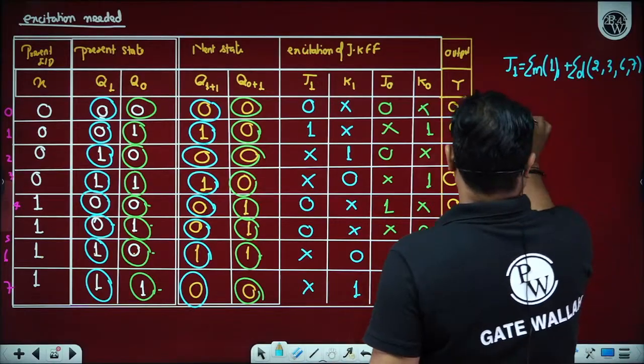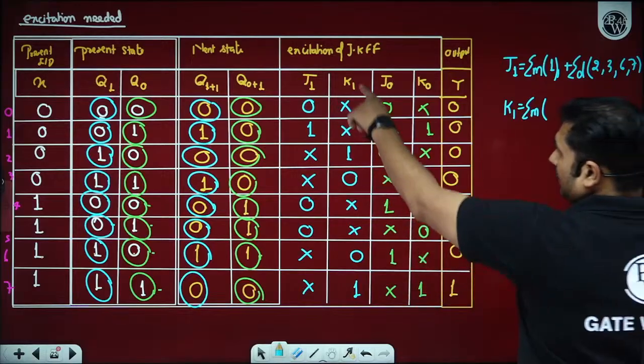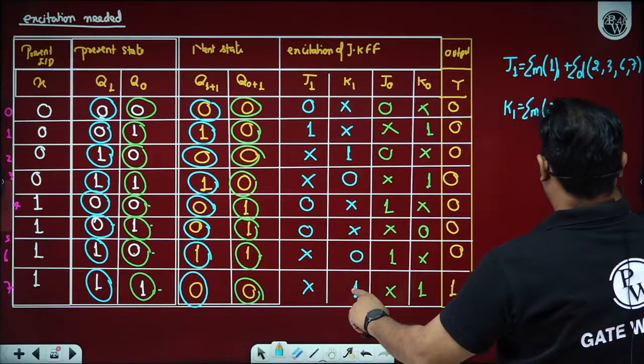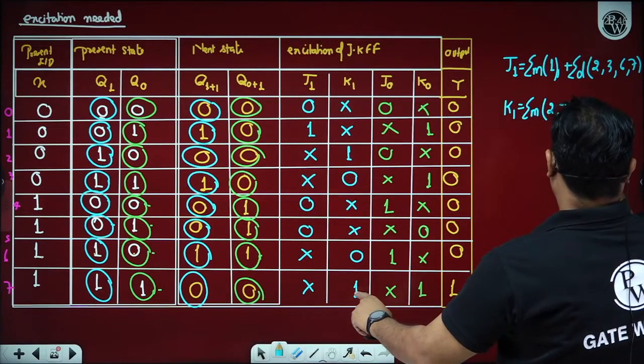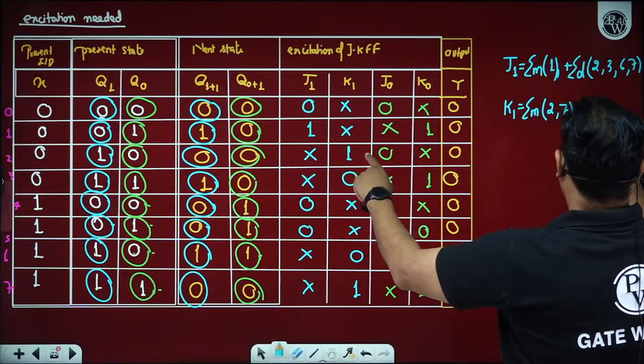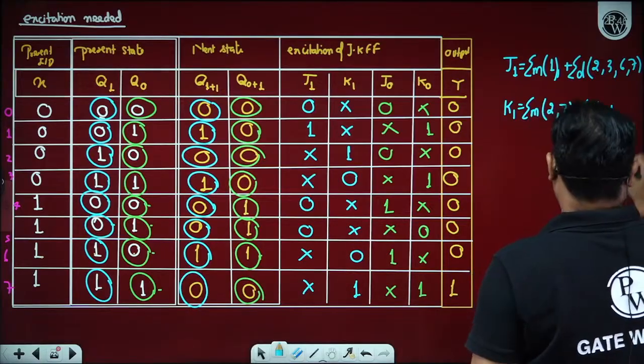Was it okay? Similarly, K1, we have summation of m. We are getting 1 onto the binary of 2, and we are getting 1 onto the binary of 7. And don't cares are at 0, 1, 4, 5.